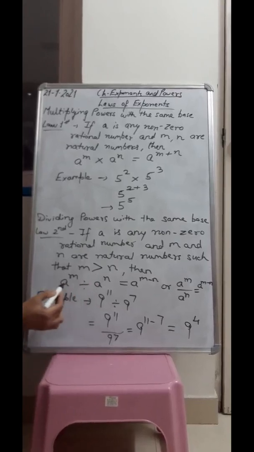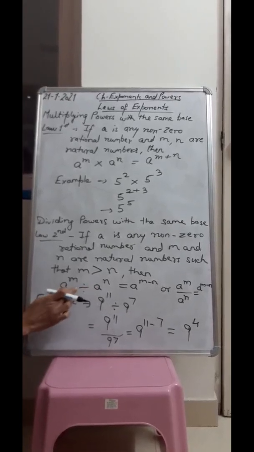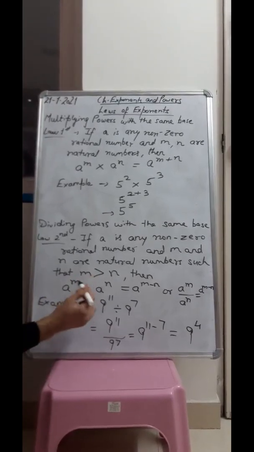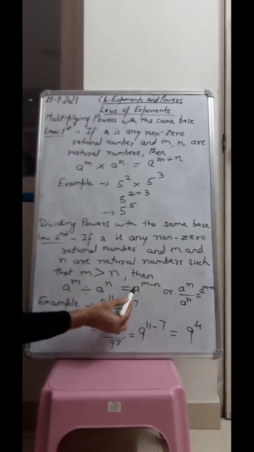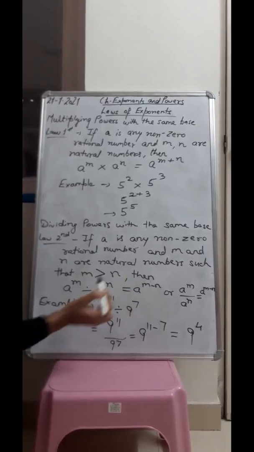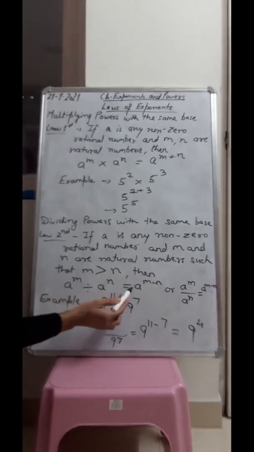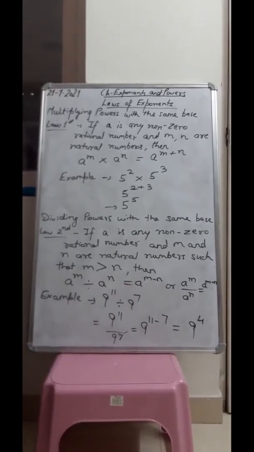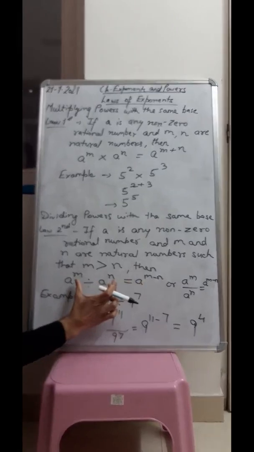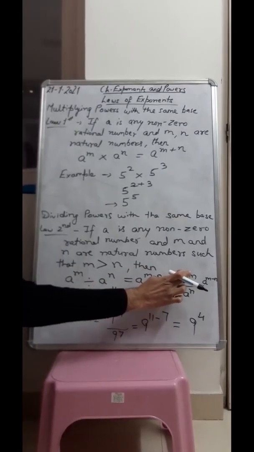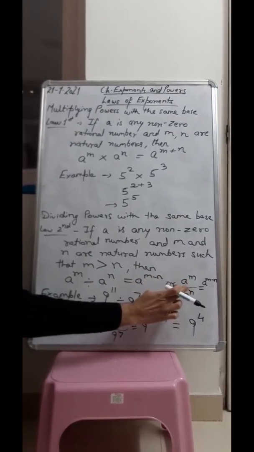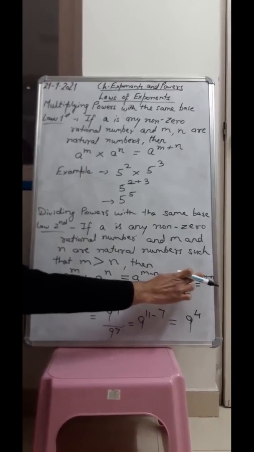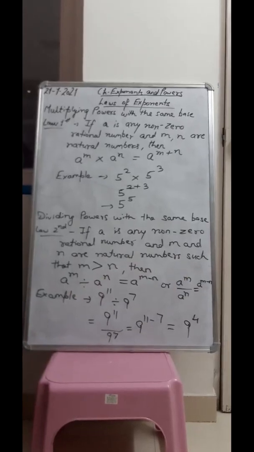Here the bases are the same and they are getting divided, and the powers are different, m and n. So it will give us a raised to power m minus n. In division, the base will remain as it is and the powers get subtracted. We can also write this as a raised to power m upon a raised to power n. In this also the base remains as it is and the powers get subtracted.